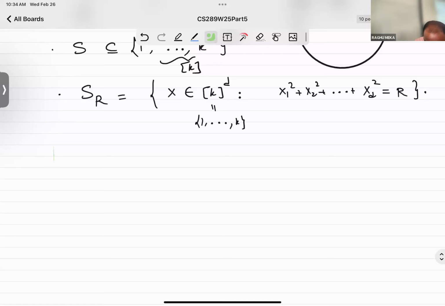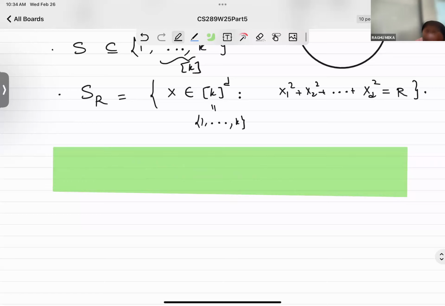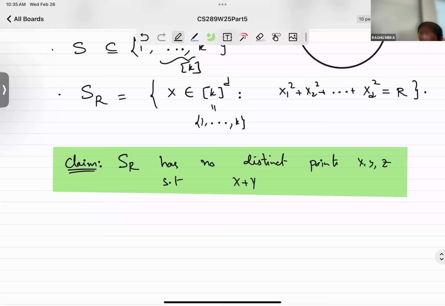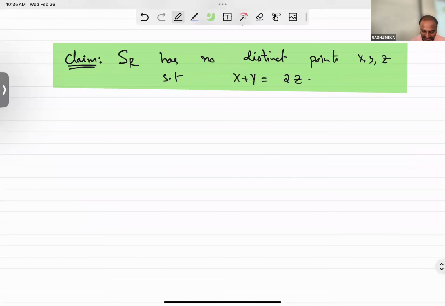So claim: SR has no distinct points x, y, z such that x plus y equals 2z. So at least we have some sets which have integer coordinates. They're still sitting in high dimensions, but they don't contain solutions.